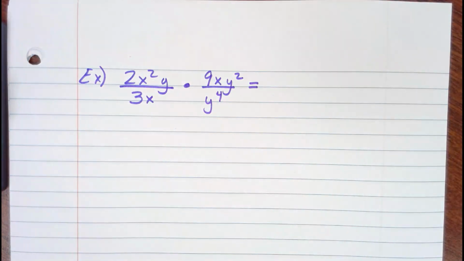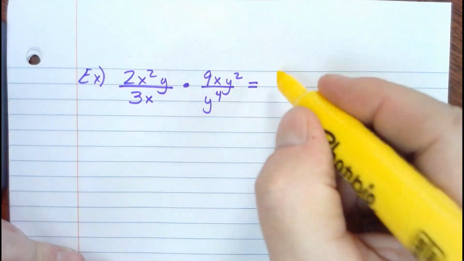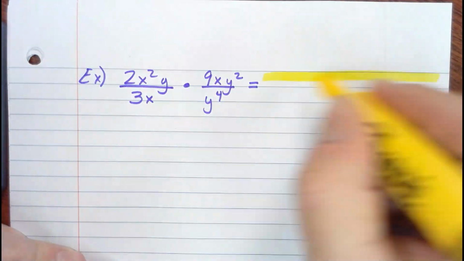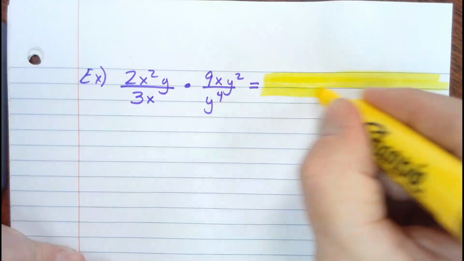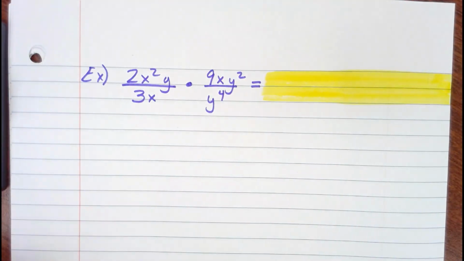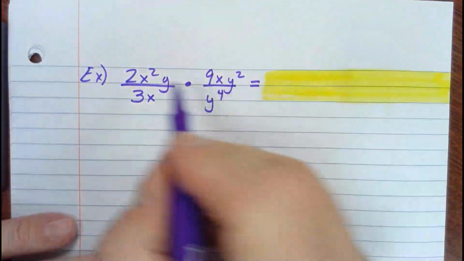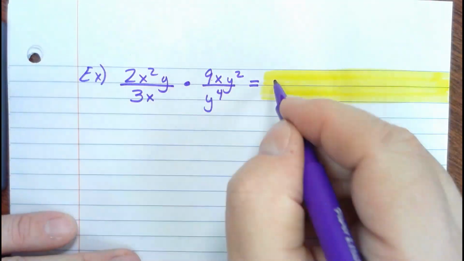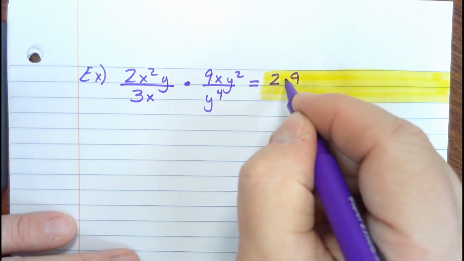Now I've got a little trick here I want to show you to do this. And it's old school. Comes from back in the days when we didn't have calculators. This 2 and 9 are going to be multiplied times each other.